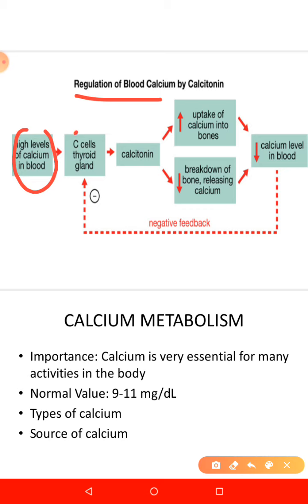So the C cells release calcitonin, which moves in circulation and then influences the physiology of the bones, the kidneys, and the intestines. All we want at the end of the day is a decrease in calcium levels in blood. And this same decrease in calcium levels has a negative effect on the C cells, therefore reducing calcitonin secretion. So this is just a normal negative feedback mechanism.